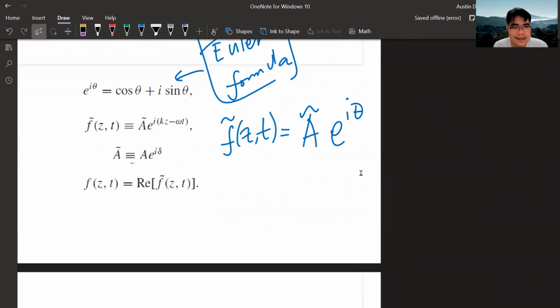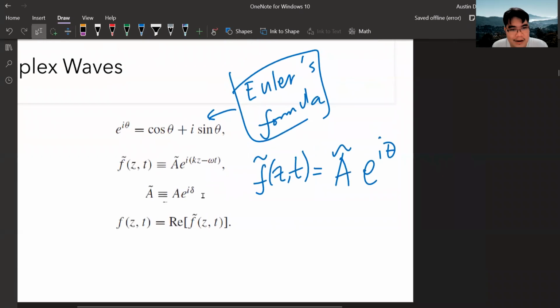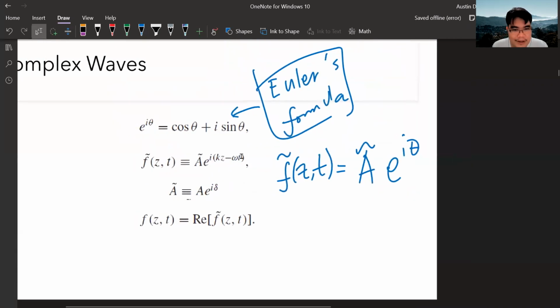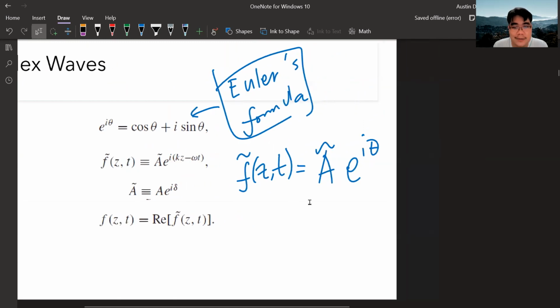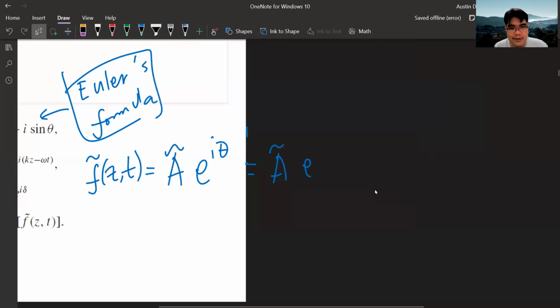Pero yung theta mo this time is just yung specs ng wave, di ba? Kz minus omega t. Alright? So, nasaan na yung phase factor? Yung phase factor inabsorb ni constant. Dahil kung susulat natin ito explicitly, we can write this down as e raised to i kz minus i omega t plus i delta.